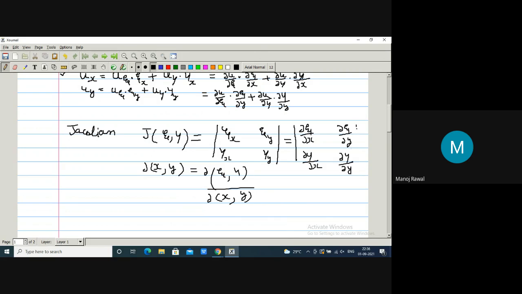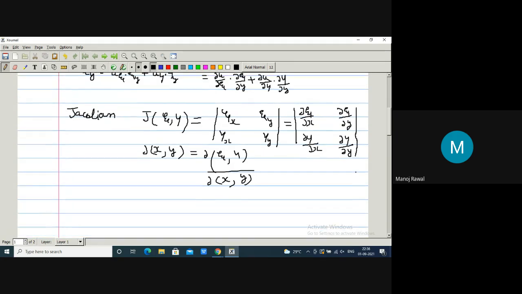So this is known as the Jacobian. Later on, since you have not done this Wronskian now, in order to check whether something is linearly independent or dependent, you are going to check whether this determinant is zero or non-zero. If zero, linearly dependent; if non-zero, linearly independent. Okay, so that we will see.